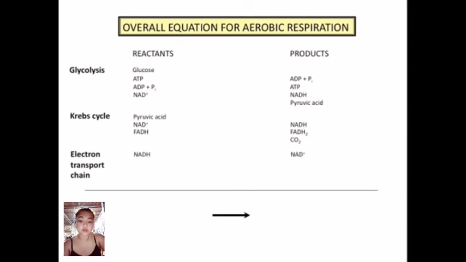The electron transport chain begins with the oxidation of NADH into NAD+, and FADH2 into FAD. Oxygen serves as the final electron acceptor in the electron transport chain, producing water. Finally, ADP and inorganic phosphate produce ATP. By canceling all the compounds that appear as reactants and products, we are left with the net reaction for cellular respiration: glucose plus oxygen yields carbon dioxide plus water.